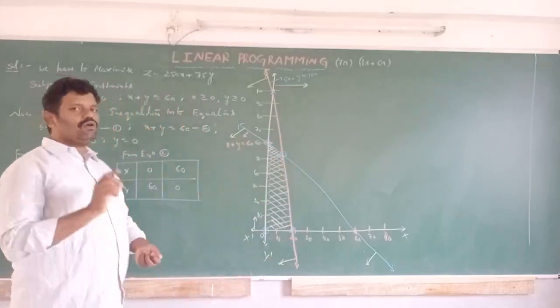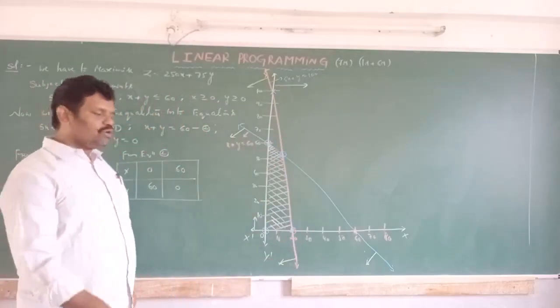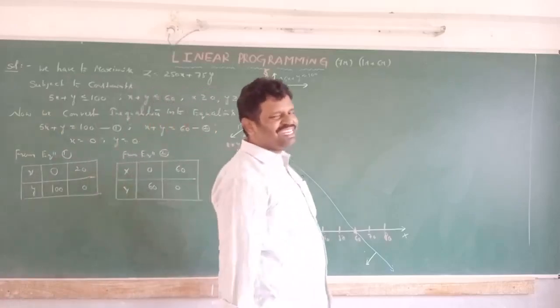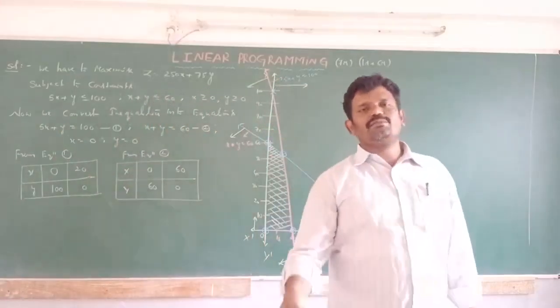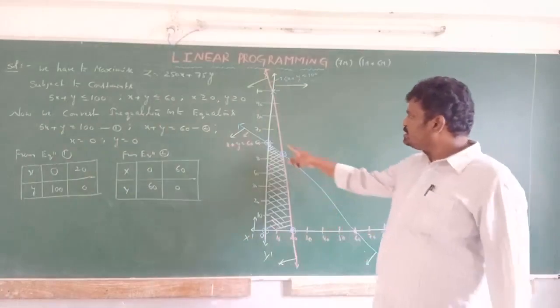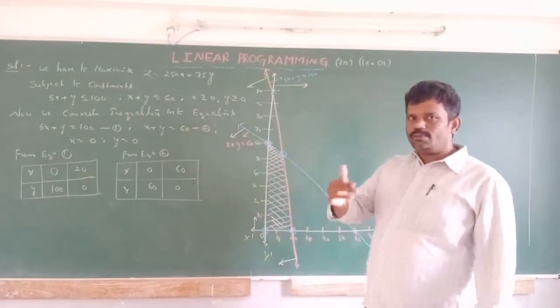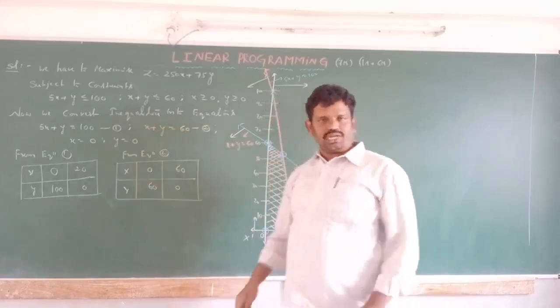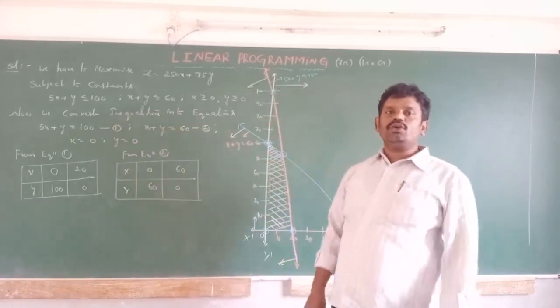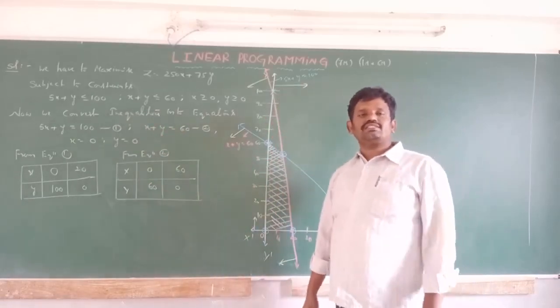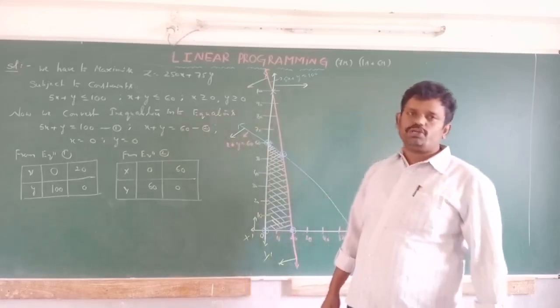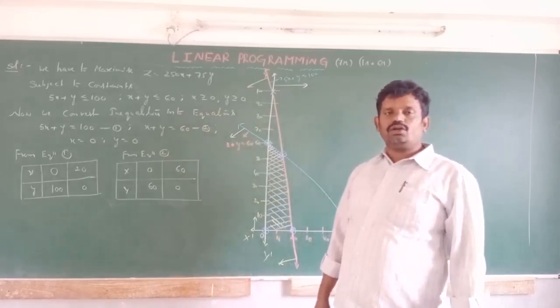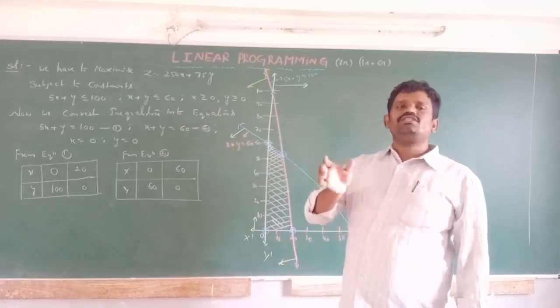Now I am using one word: feasible region. Feasible region means the common region formed by all the constraints, that is, these inequalities, including the non-negative constraints x, y ≥ 0. That is called the feasible region.